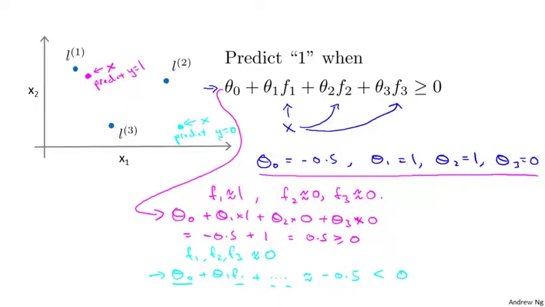If you do this yourself for a range of different points, you should convince yourself that if you have a training example that's close to L2, say, then we'll also predict y equals 1.